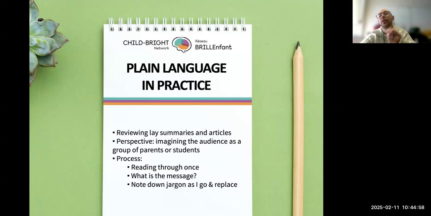I might be reading an article and I notice that it says correlation between point A and point B, right? Well, somebody in academia will understand what correlation is, but what if the person reading doesn't necessarily know what correlation means? So I'll switch that word out for something more plain language, such as relationship, right? Everyone understands the word relationship.